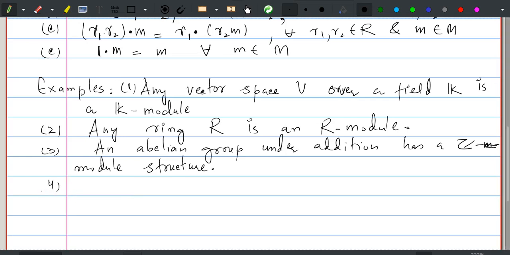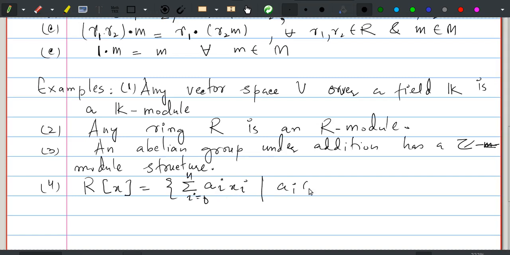Now consider the set of all polynomials in one variable, that is, these sums, where each sum is a finite sum, say from 0 to n, and the coefficients are in the ring R. Then this polynomial ring in one variable is an R module.